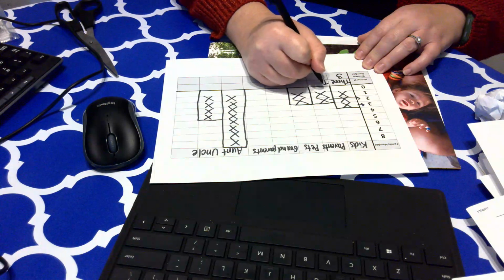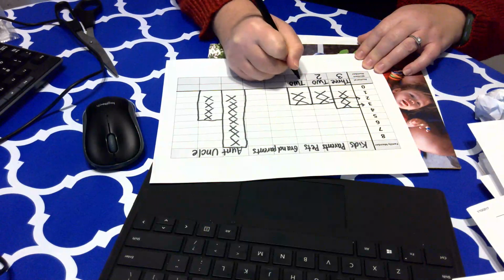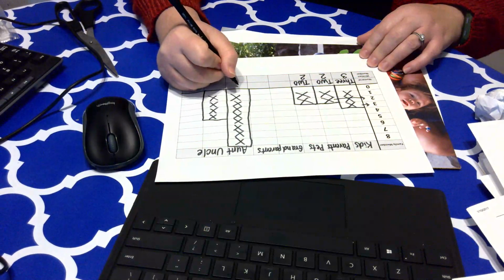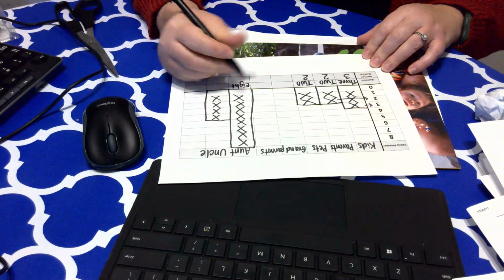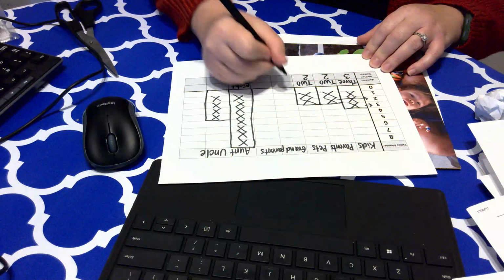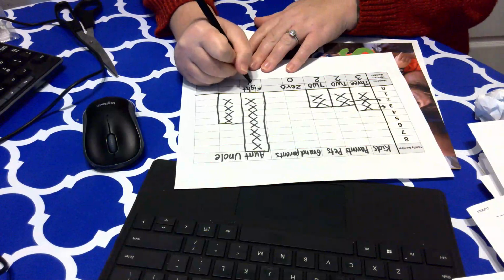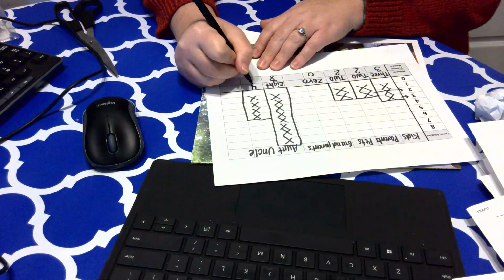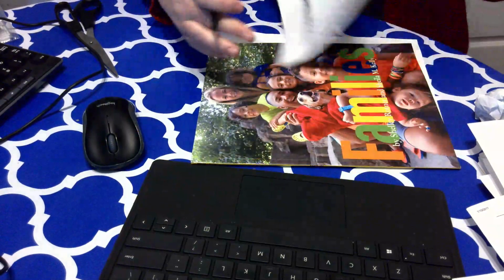So it'll look like this. Up on that one, 4. So it'll look like this depending on how many you have.